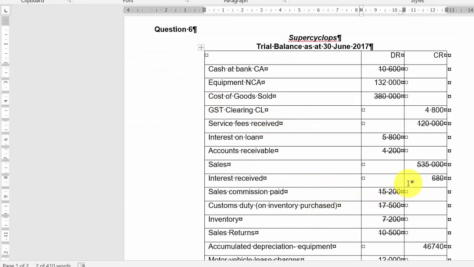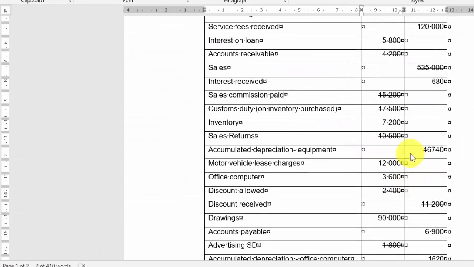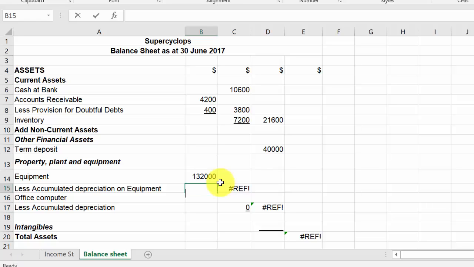So less the accumulated depreciation, which is $46,740. Doesn't like that for some reason. Okay. I think this is all not going all that well.